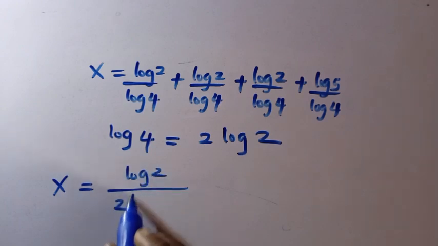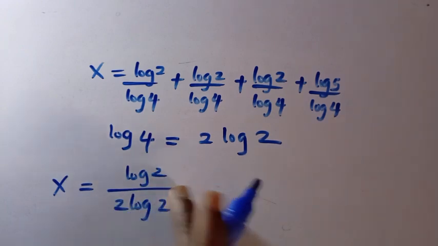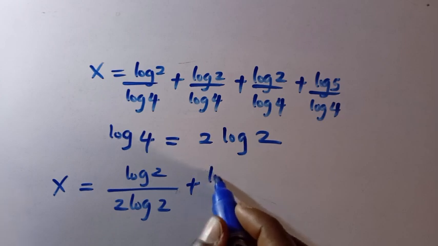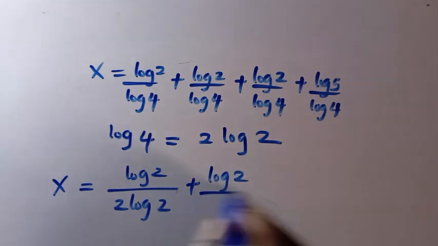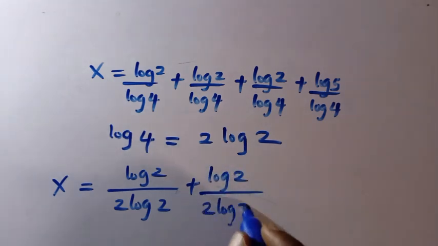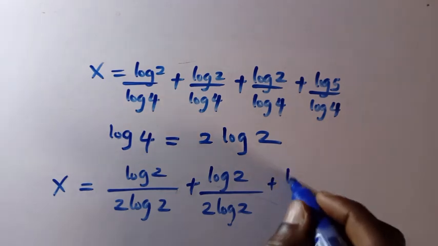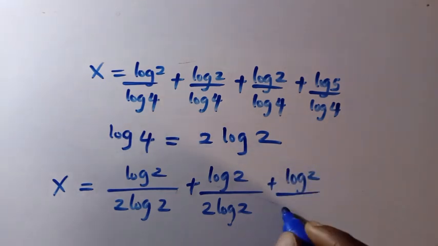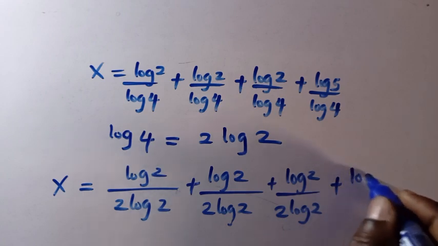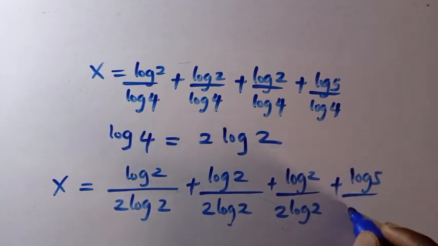log 2 divided by 2 log 2 plus log 2 divided by 2 log 2 plus log 2 divided by 2 log 2 and plus log 5 divided by log 4.